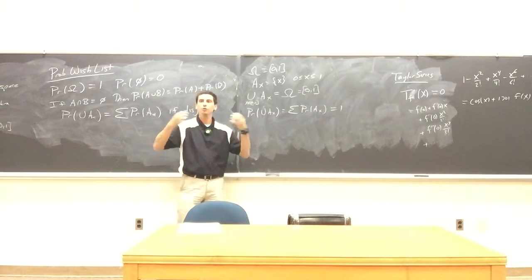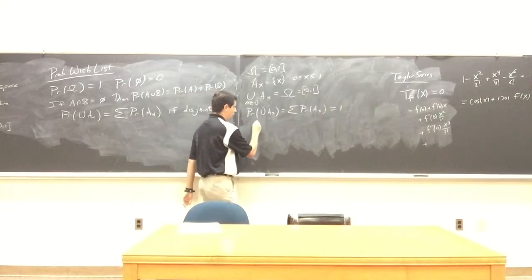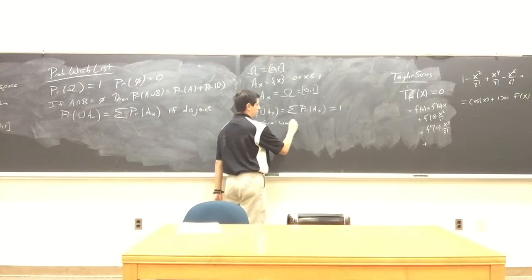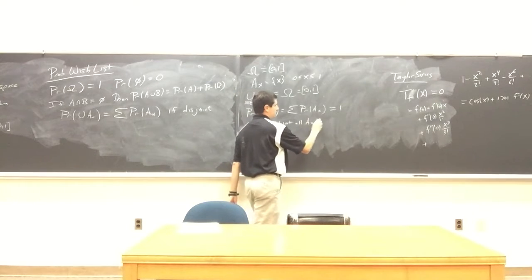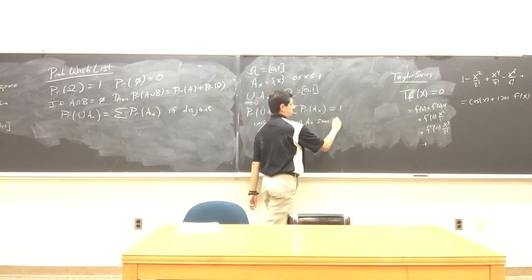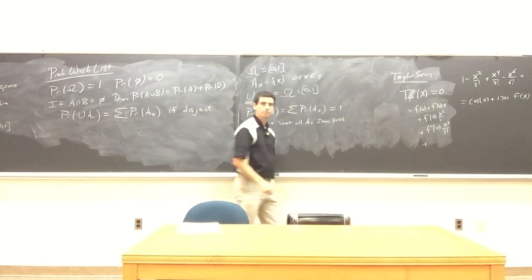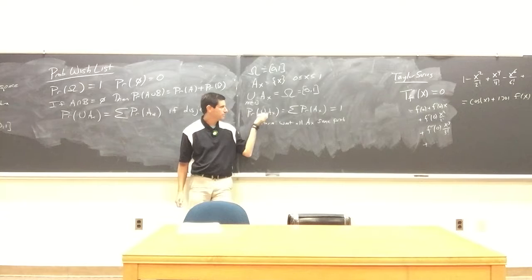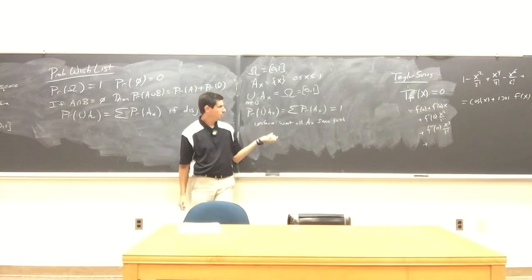Let's say we have the uniform model. We want all A_x to have the same probability. What value would we have to put in? The probability of each one is 0.